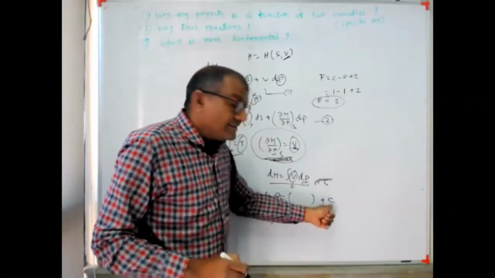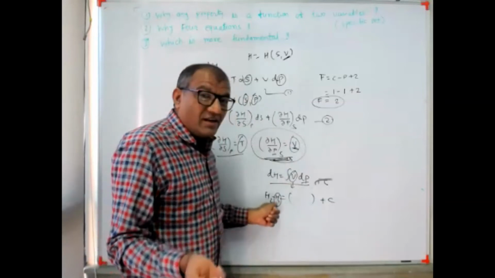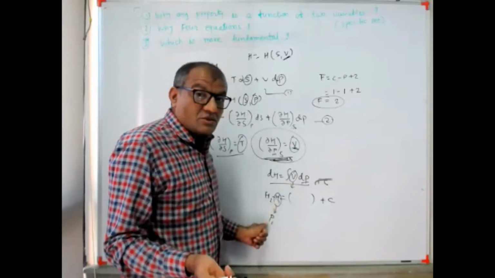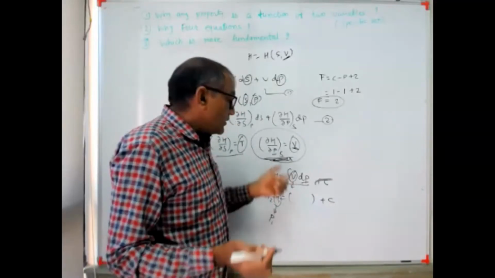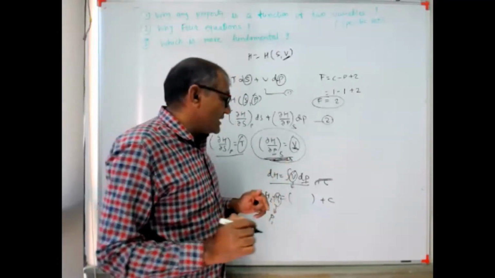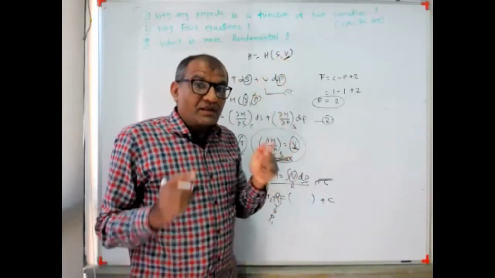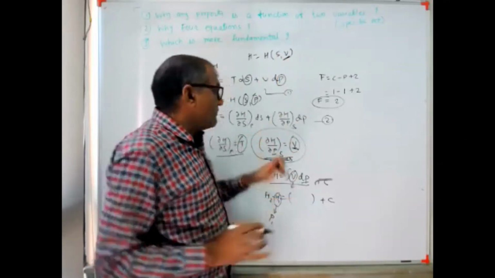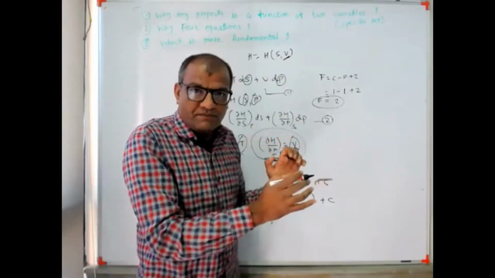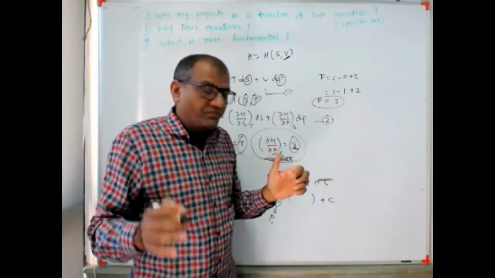So here to get the integration constant, I need one value of enthalpy at some specific pressure, and that is unknown. Due to that, I can say that choosing S and V is not appropriate for the complete definition of all properties. It is not going to define all properties.